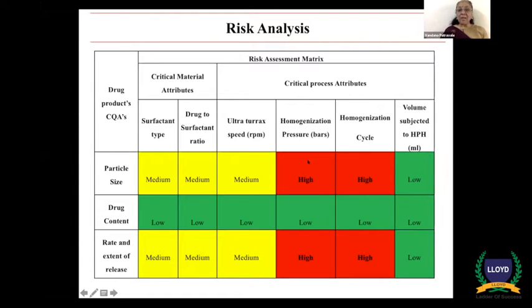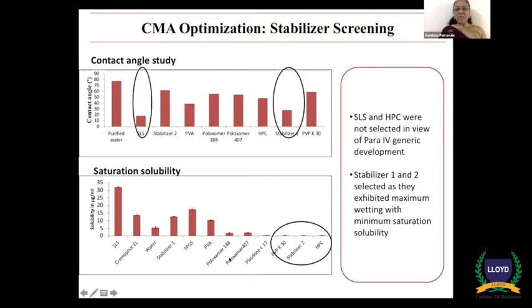But yes, we need to look at how homogenization pressure and cycles, both known to affect particle size as well as release, are directly related. So how did we do the study? It is a systematic study.